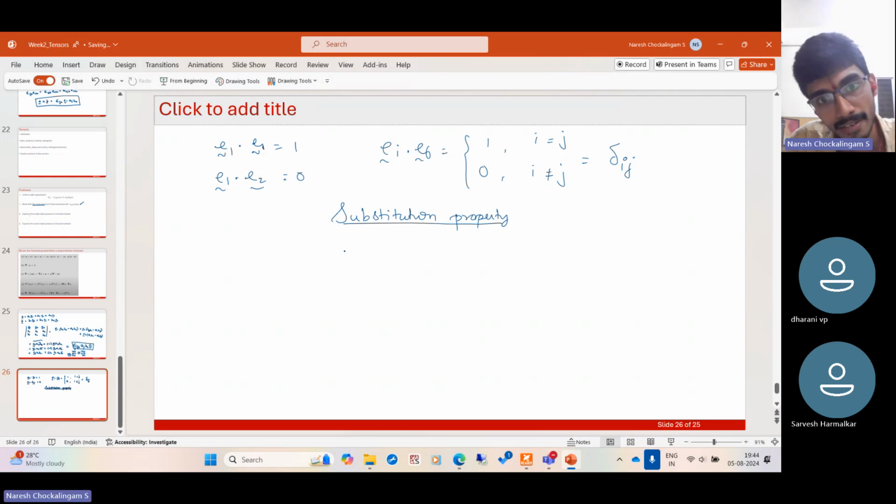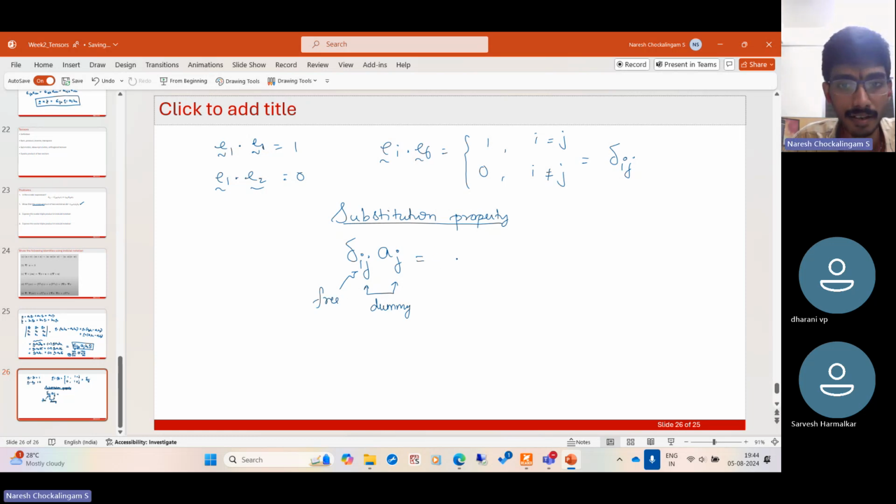So suppose we have an expression like delta ij Aj. What is this equal to? So let us identify the dummy indices. These are the dummy indices, and i is a free index.